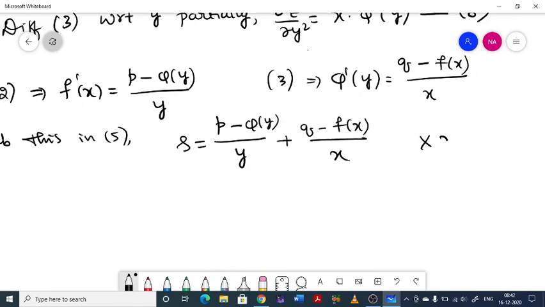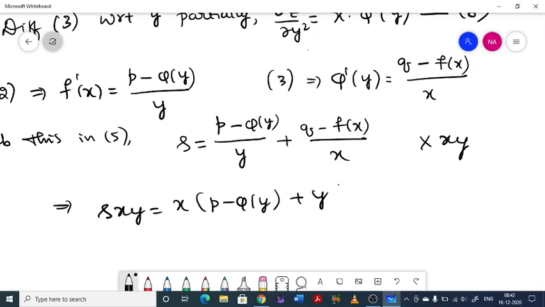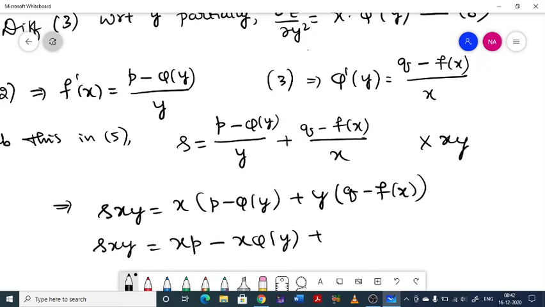So multiplying both sides by xy, I'll get sxy equal to, here y gets cancelled, x into p minus φ(y), plus y into q minus f(x), where x gets cancelled. So sxy equal to xp minus x φ(y) plus yq minus y f(x).